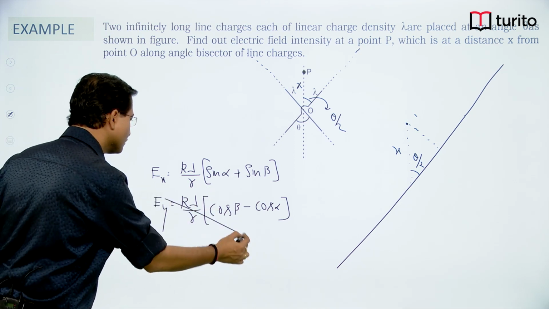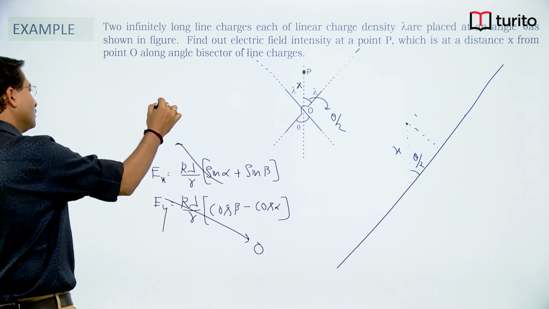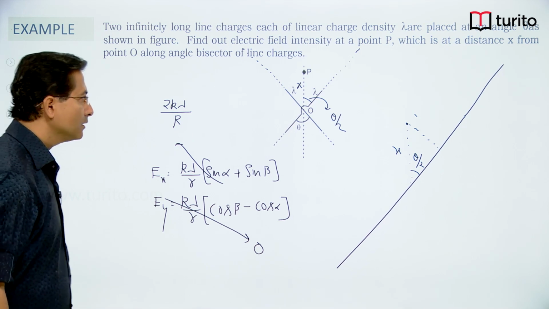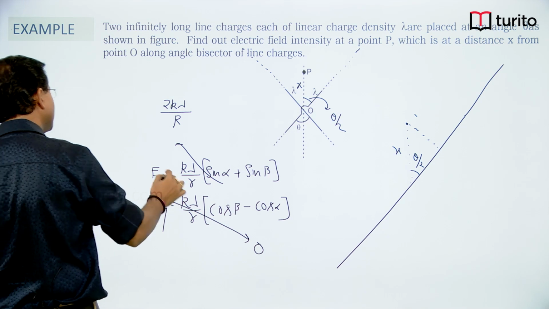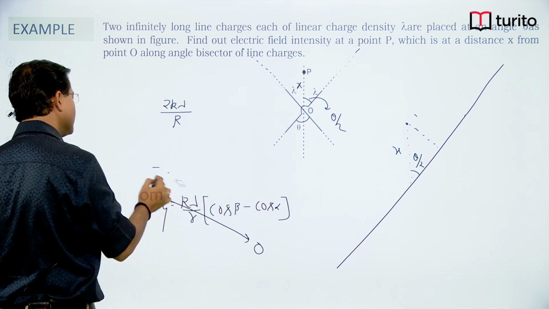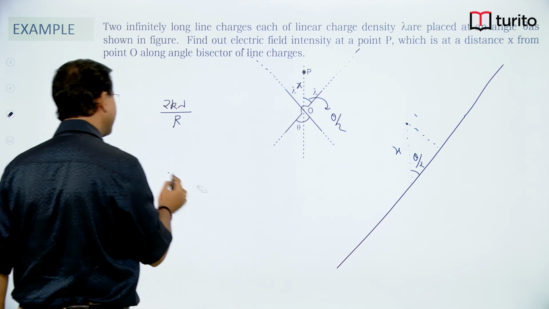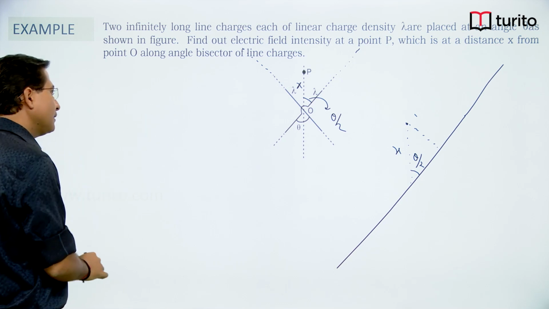So this will be 0 and here this will get converted into 2k lambda divided by r. That means the along-the-wire component will be 0 and the perpendicular-to-the-wire component will be 2k lambda by r.